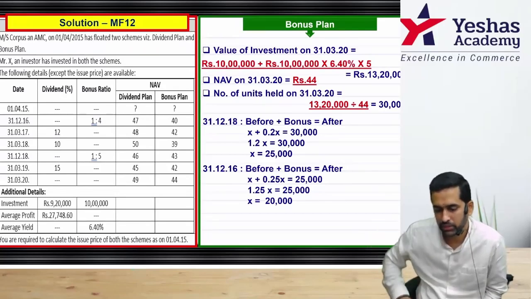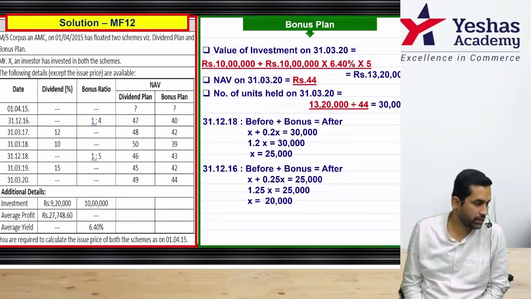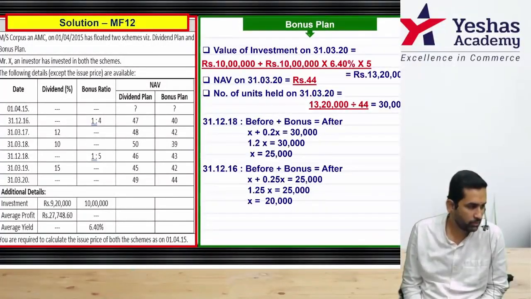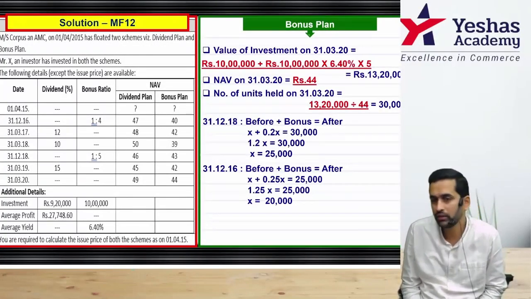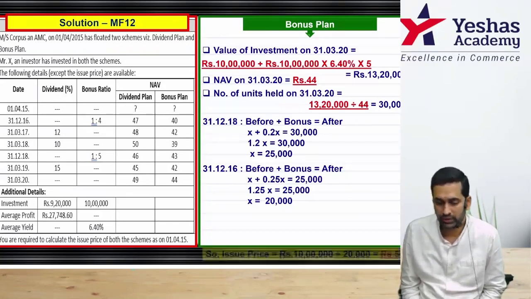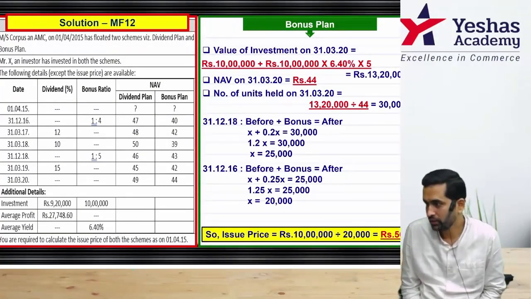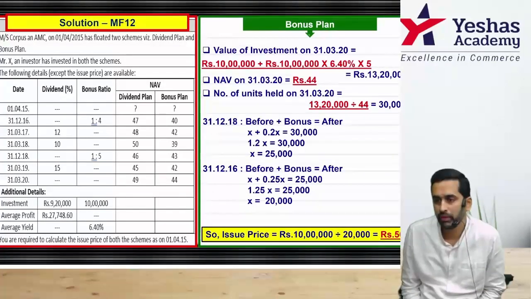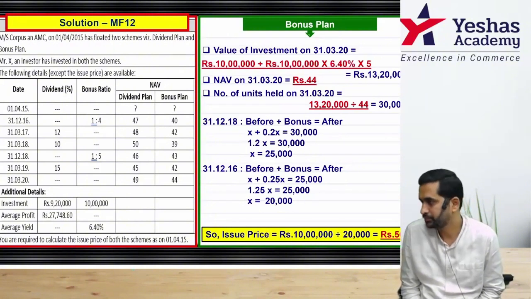So it is x plus 0.25x is equal to 25,000. 1.25x, and on solving you get 20,000 units. So this was the starting point. On that he got bonus twice. So finally the issue price will be, as per the question, he invested 10 lakh rupee, and as per your calculation he purchased 20,000 units, so he should have bought it at 50 rupee rate.